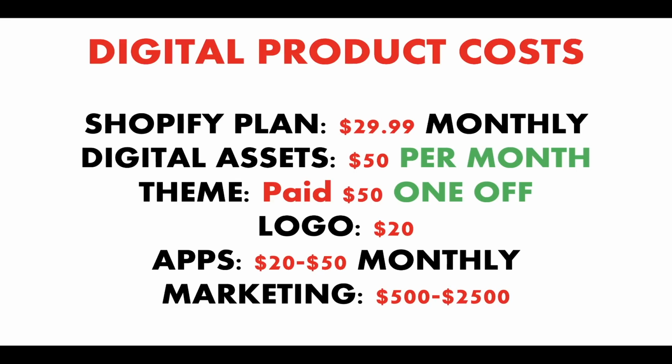The theme that I recommend for this strategy is around $50, and that's a one-off payment. Then your logo around $20, your apps $20 to $50 a month, and your marketing, which will be $500 to $2,500 every single month.